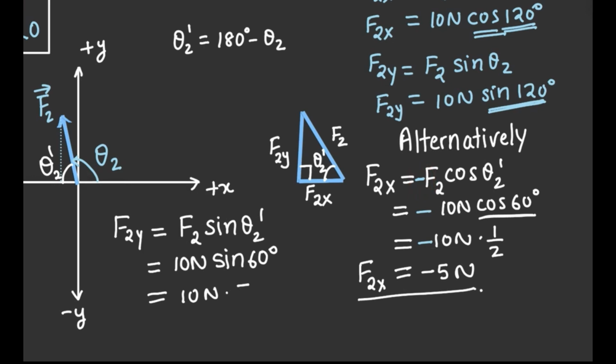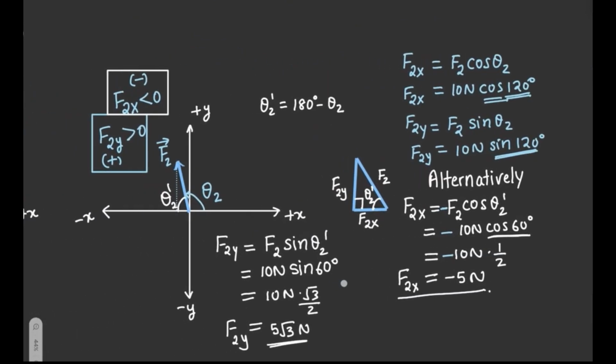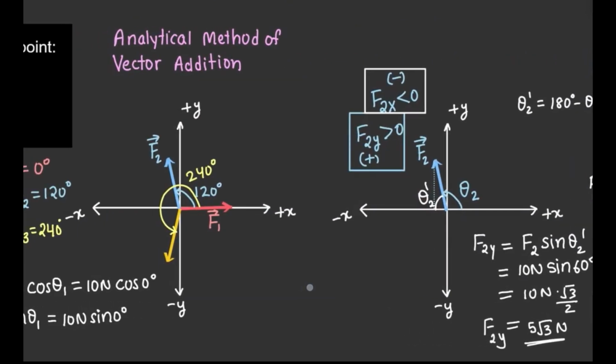All right, so sine 60 degrees is equal to square root of 3 divided by 2. So here we go. f2y equals 5 times square root of 3 newtons. All right. Now we're going to move on to finding the components of the vector f3.